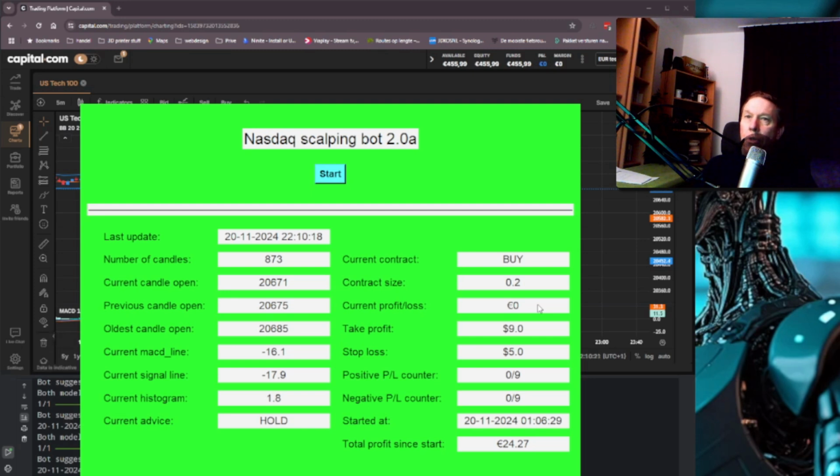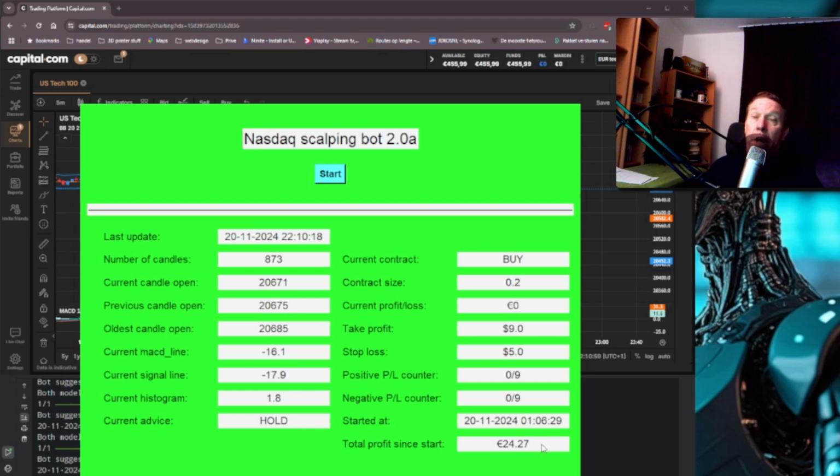So today's profit, because I don't think the bot will start another position, but you never know, is 24 euros and 27 cents.